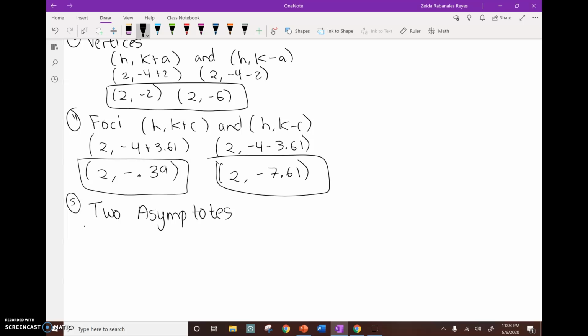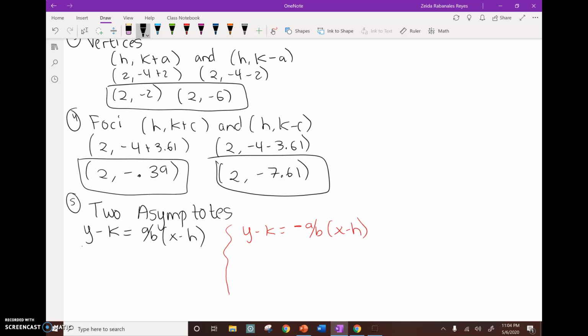So then those can be plugged in with this equation. Y minus k is equal to a over b, x minus h. And the one that is going down, y minus k is equal to negative a over b, x minus h.